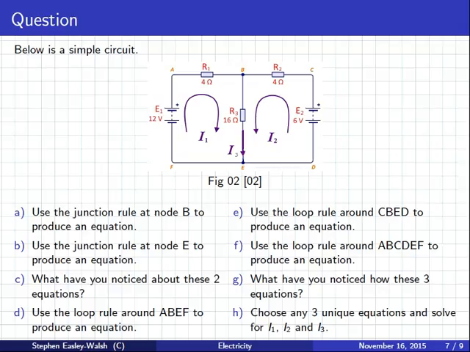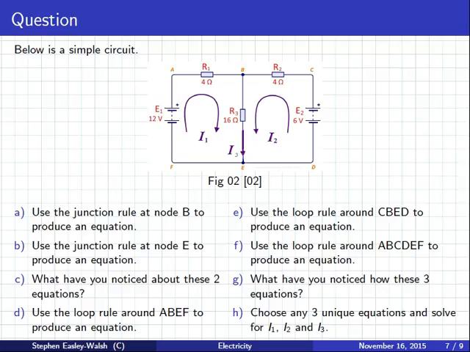Grace, make the loop on the right. So what Amanda did was go from here around, AB, so it was 12 minus 4I1 minus 16I3 equals 0.